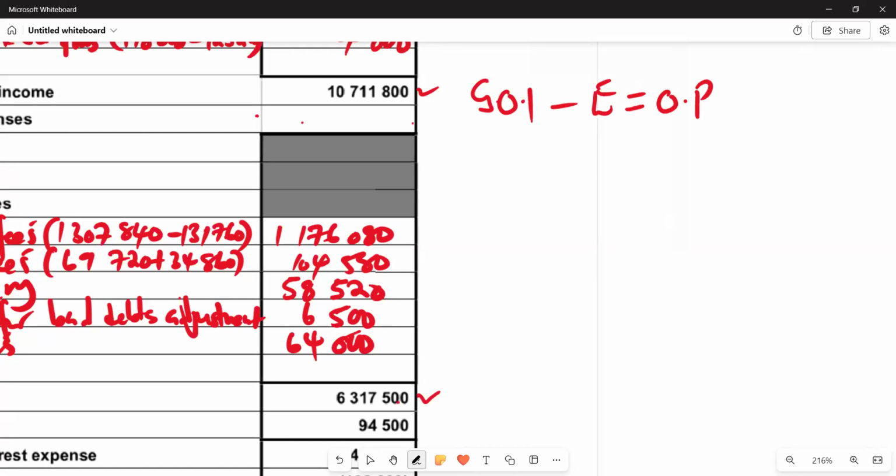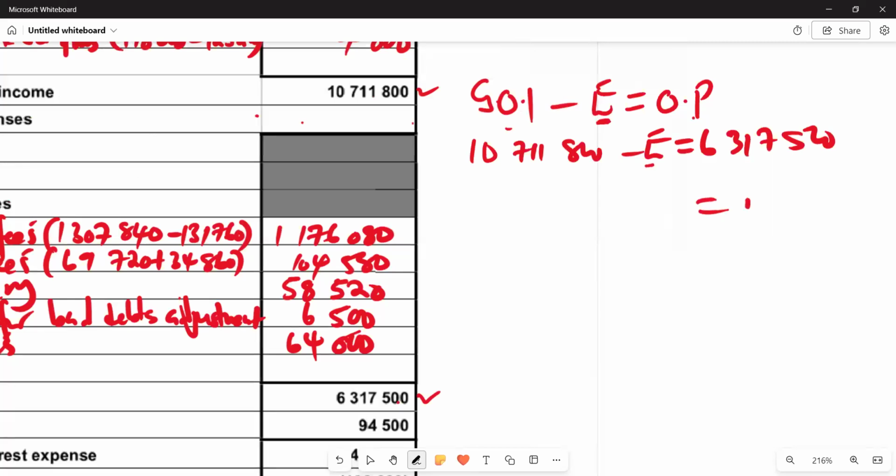So this is exactly what we want, because we have this figure and we have this figure. So we are saying 10,711,800 minus your expenses is equal to operating profit, which is here, which is 6,317,500. So we can make the expenses the subject of the formula, whereby if you take it to the other side, it becomes positive. Negative expenses, if you take it to this side, becomes positive. Then you take this figure to this side, it becomes negative.